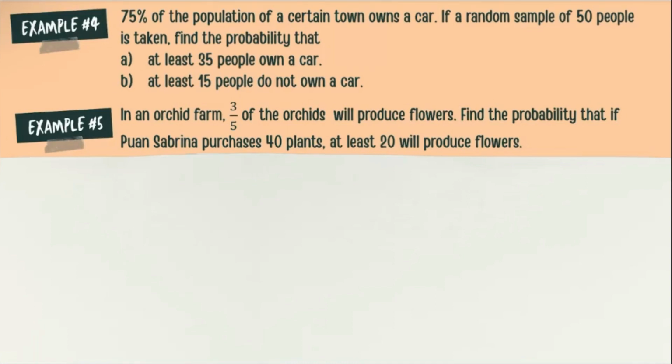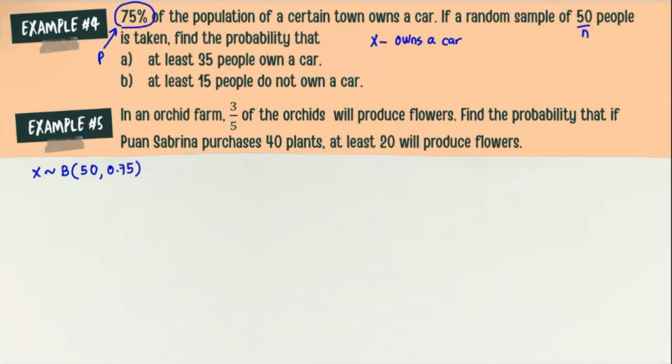If a random sample of 50 people is taken, this is our N, and this is our probability of success, P, where X represents owns a car. So for example 4, X follows binomial with N 50 and P is 0.75.